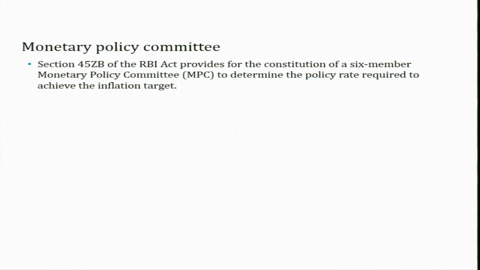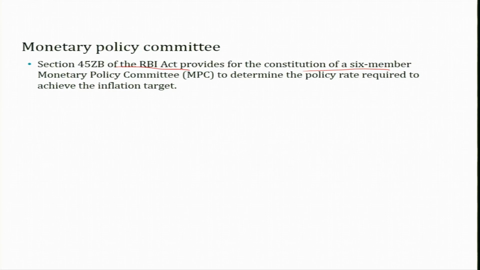And in order to achieve this inflation target, and overall to implement the monetary policy, a committee has been appointed, called the Monetary Policy Committee. An amendment of the RBI Act provides for the constitution of a 6-member Monetary Policy Committee to determine the policy rate required to achieve the inflation target.